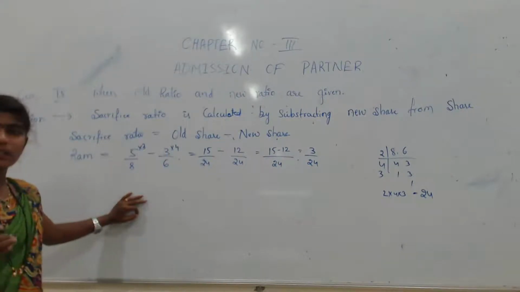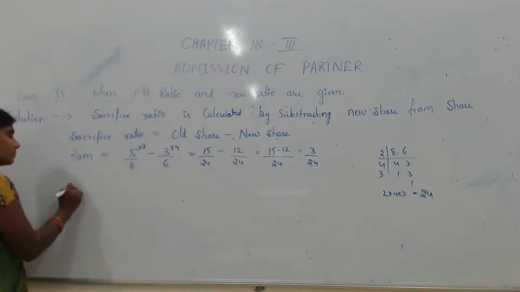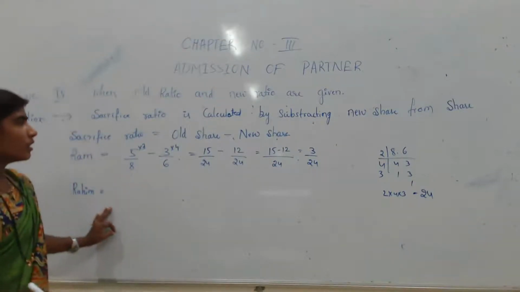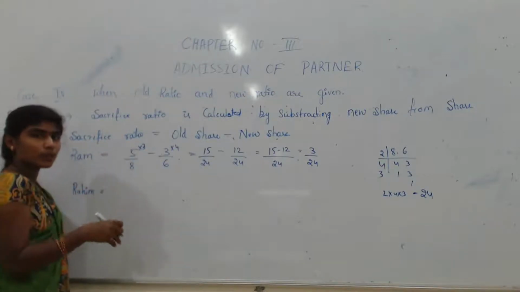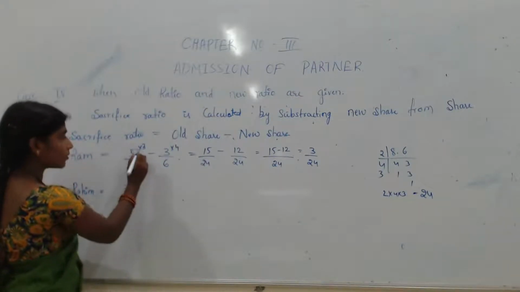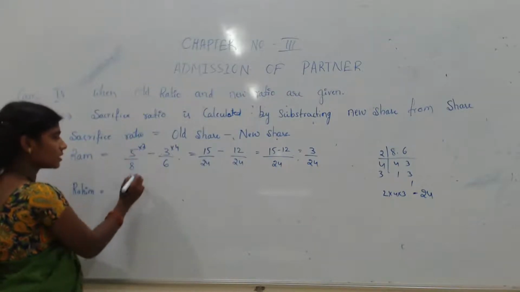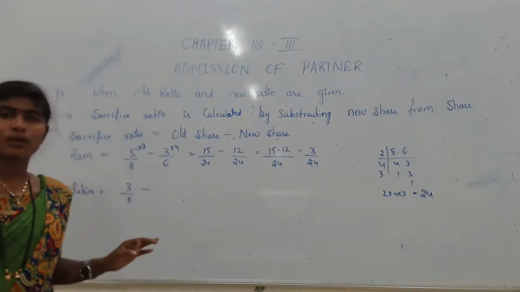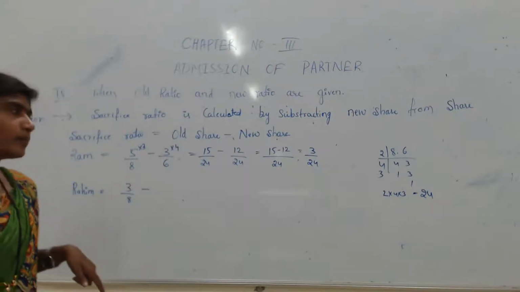Now we have to calculate the sacrifice share of Rahim also. Same formula. The old ratio is 5:3, so 5/8 is Ram's share, which means the remaining 3/8 is Rahim's share. Minus the new share of Rahim. What is it? The new ratio is 3:2:1, so 2 by 6.